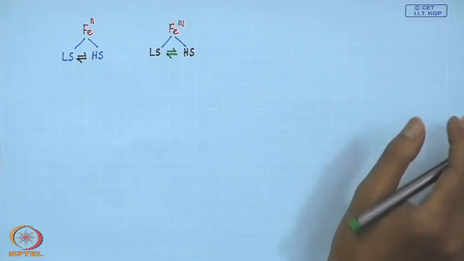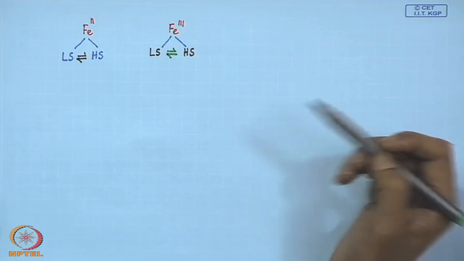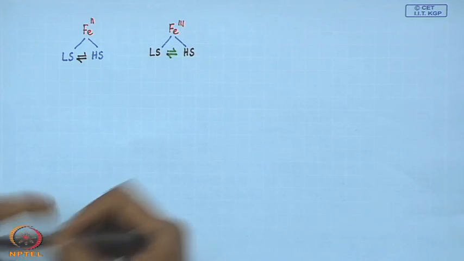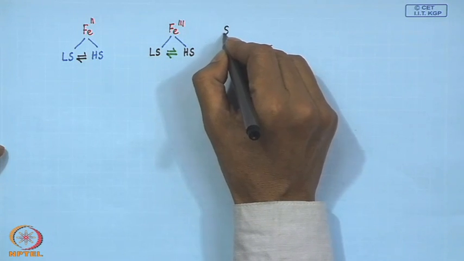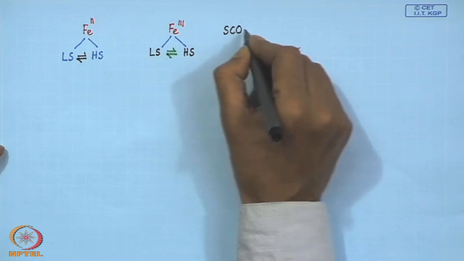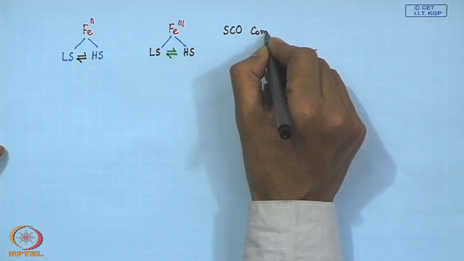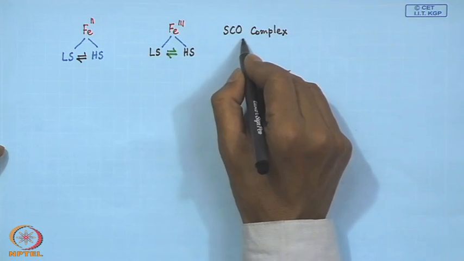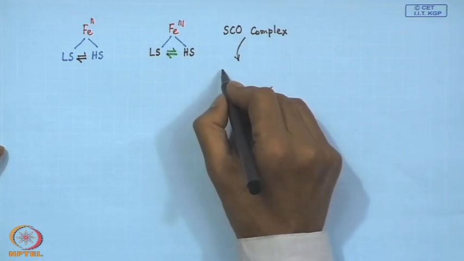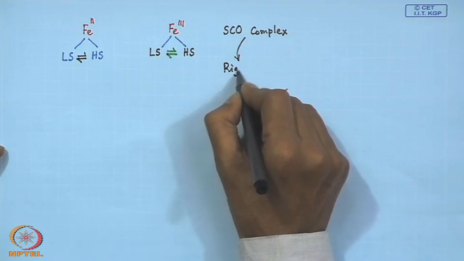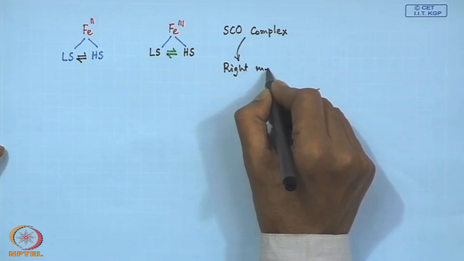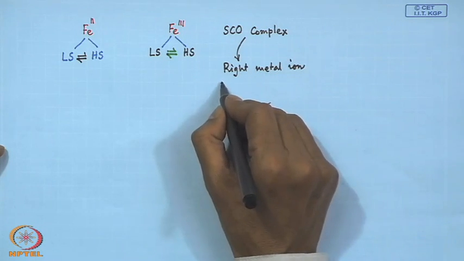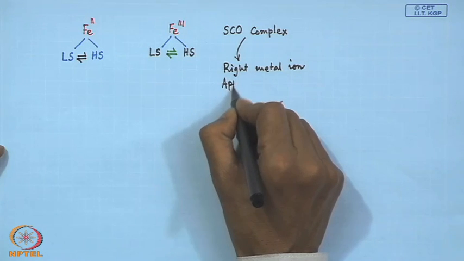So, the basic proposition we were dealing with in the original assumptions for these spin crossover complexes is that we can have a spin crossover complex provided we choose the right metal ion and the appropriate set of ligands.